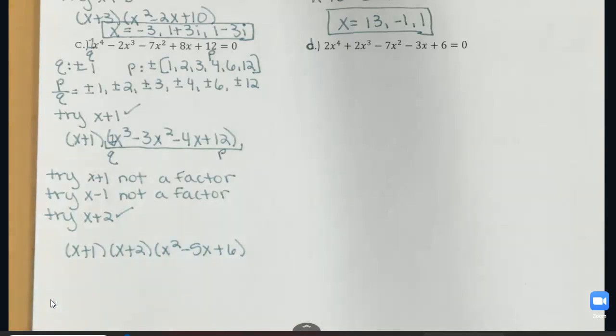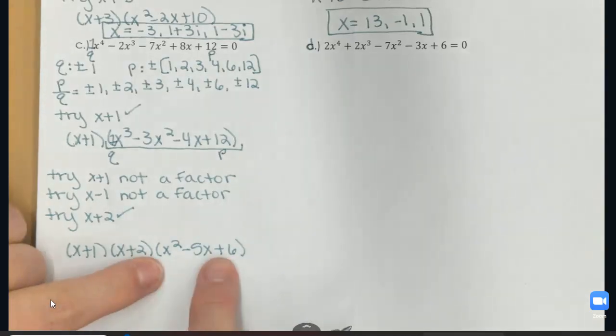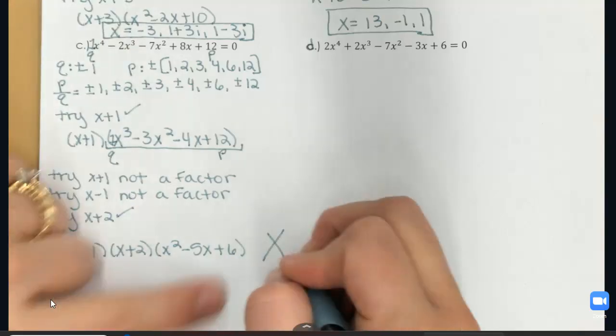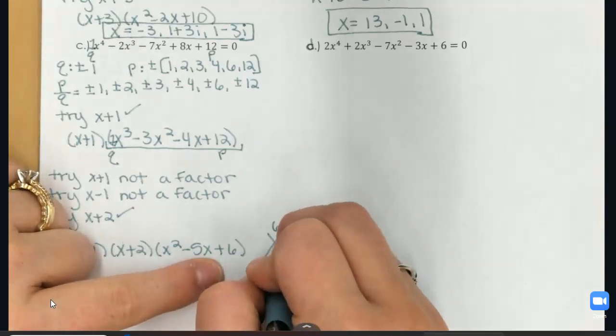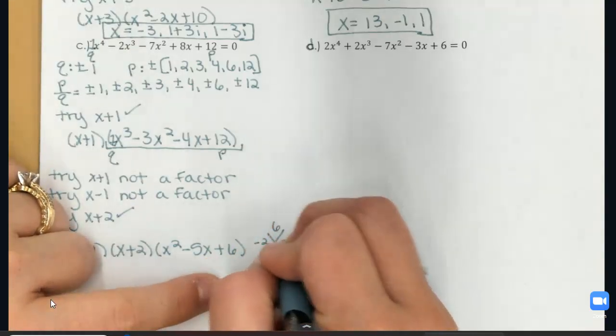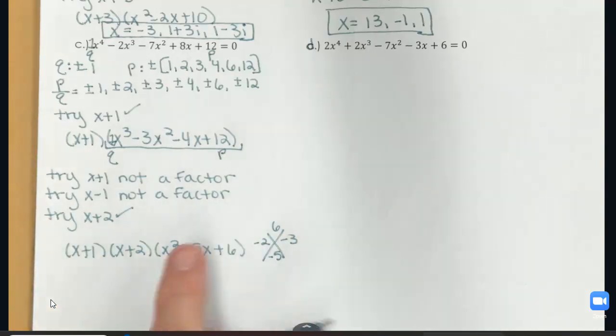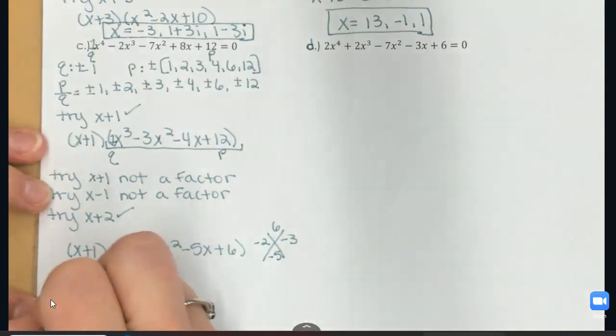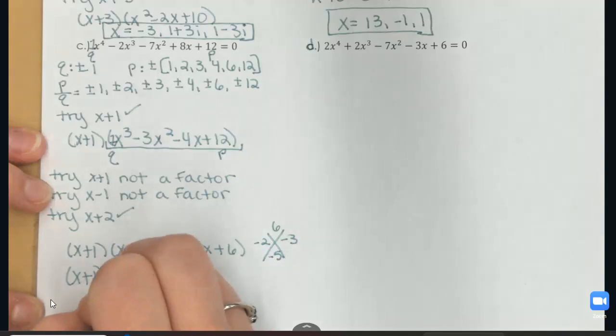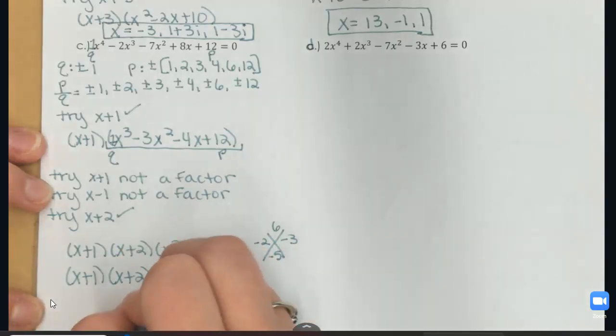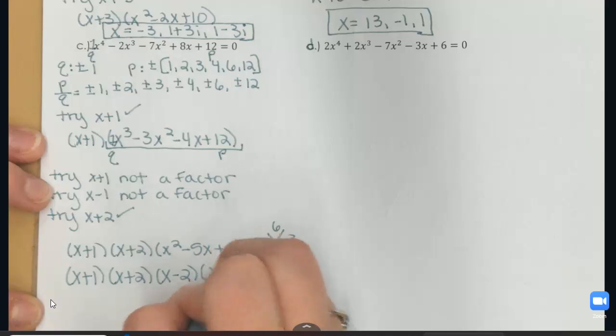I have a quadratic, which is what we're hoping for and looking for, and this one can be factored. Numbers that multiply to 6 and add to 5 are -2 and -3. I don't need to divide because a is 1, so this completely factored is going to be x plus 1, x plus 2, x minus 2, and x minus 3.